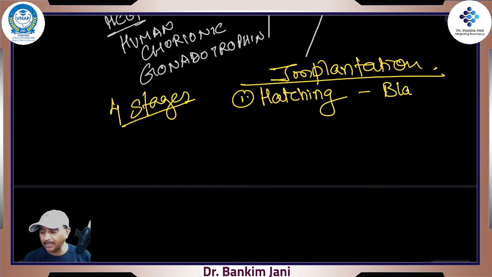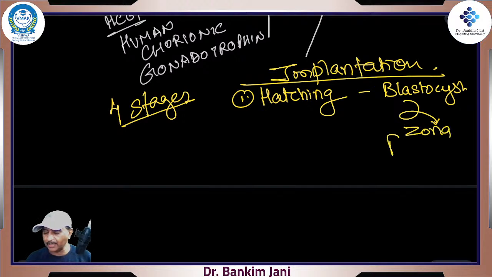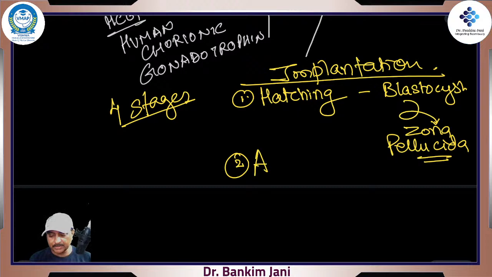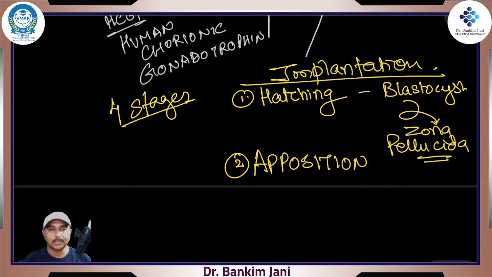So that blastocyst comes out of the zona pellucida, the outer layer which was covering it, and all the way it got carried. The second stage is called apposition. This is the stage where the trophoblast comes in contact with the endometrium.